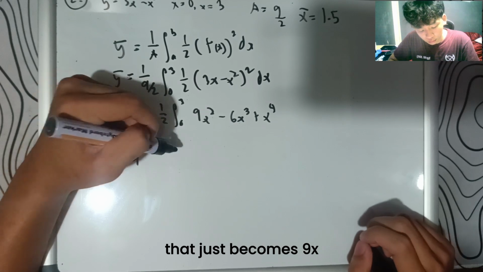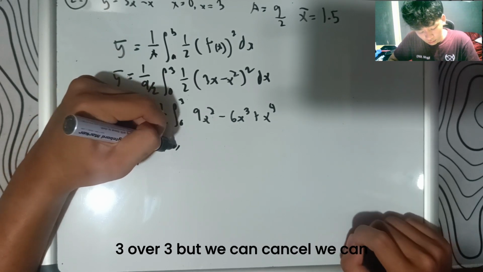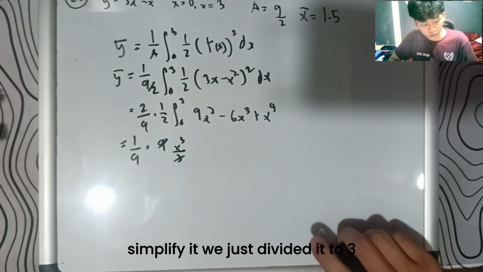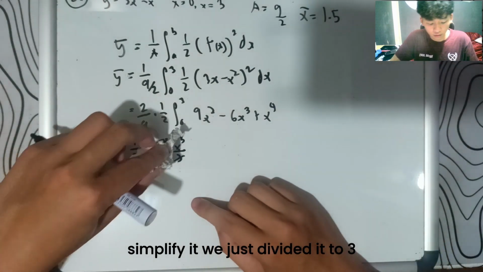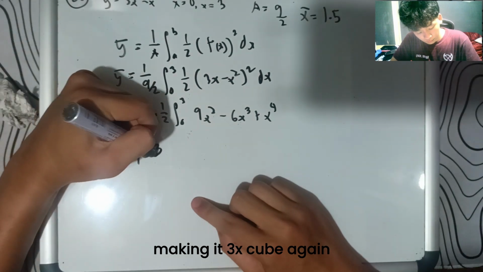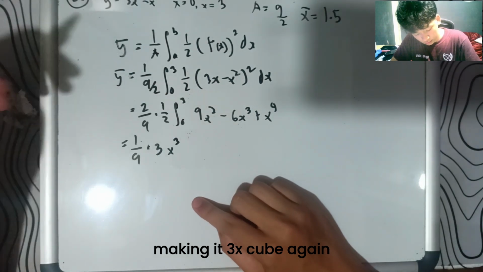That becomes 9x cubed over 3, but we can simplify it by dividing by 3, making it 3x cubed.